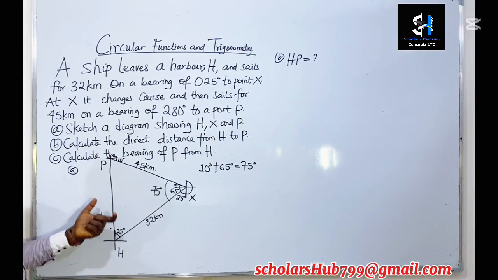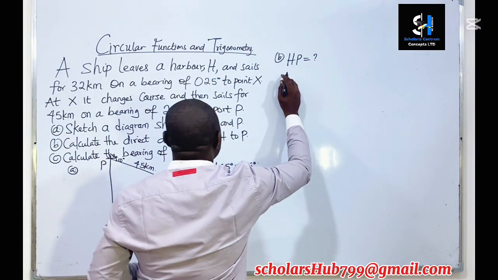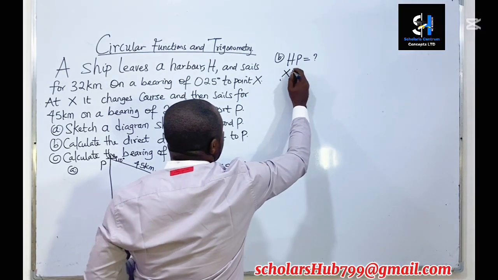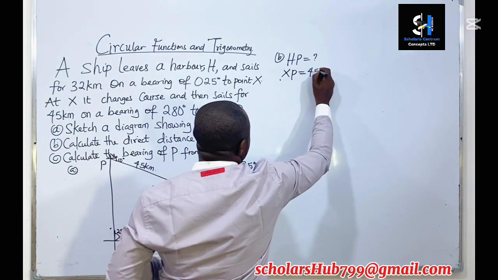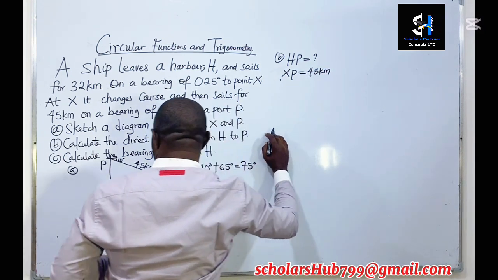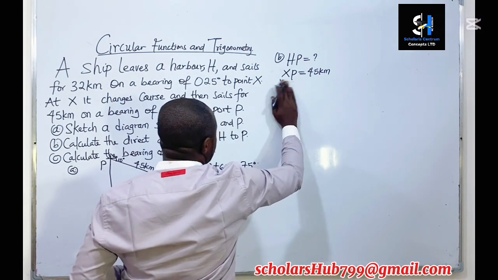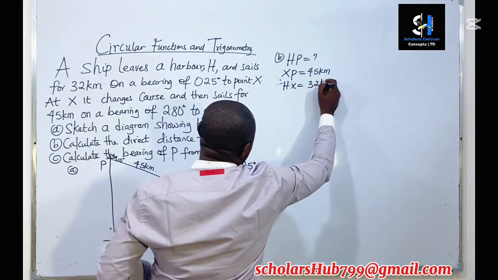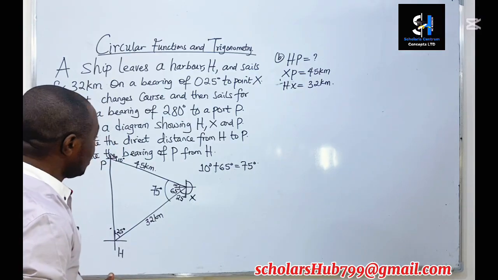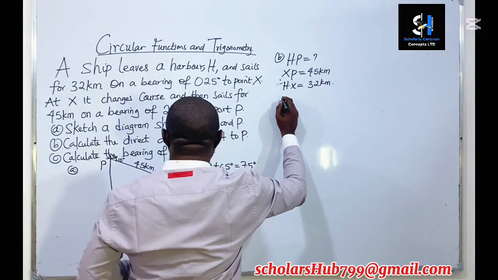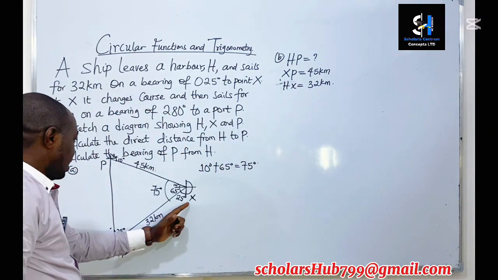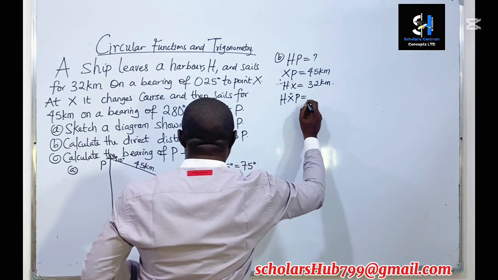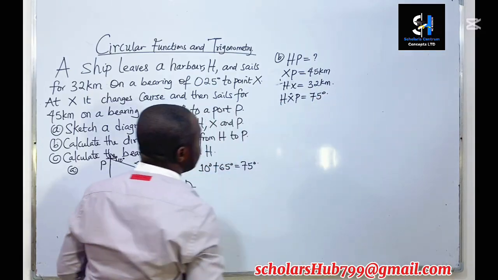If this side is HP, we're going to use what we call the cosine rule. To calculate HP, we know that PX or XP is 45 kilometers. Then XH, or HX rather, is 32 kilometers. And the angle at X, angle HXP, equals 75 degrees.